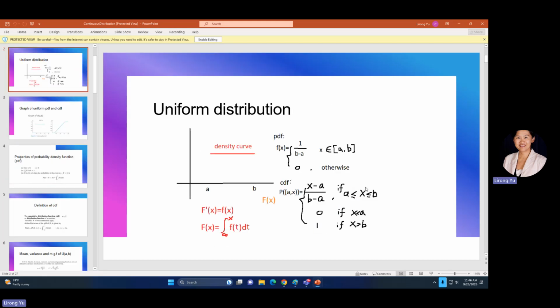All right, that's this one. If x is between A and B, then the density f of x is 1 over B minus A. All the other values are 0, 0 everywhere else, except if it's between A and B.